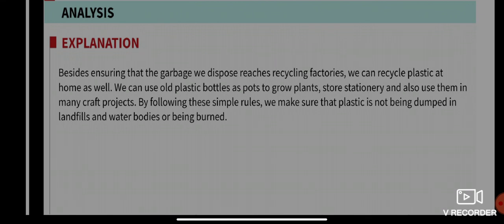We can also do a similar thing even at home. We can use old plastic bottles as pots to grow plants, to store stationery like pens, pencils and erasers, and also use them in many craft projects. By following this simple rule, we can make sure that plastic is not being dumped in landfills and water bodies or being burned.